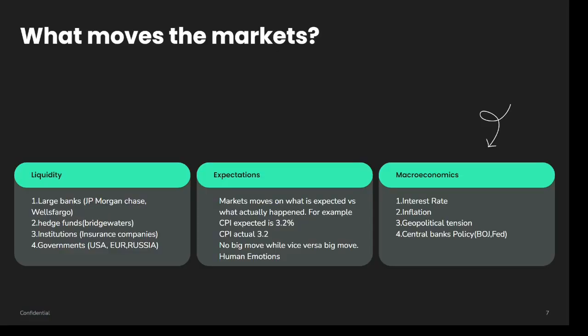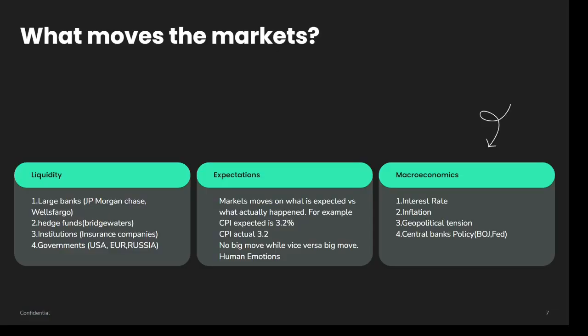Okay, then we'll move on to macroeconomics. The reason I place macroeconomics as the last point is that this is a very important one. We have inflation, interest rates, geopolitical tensions, and the central banks. Every country has its own interest rate that they set to control inflation and deflation.